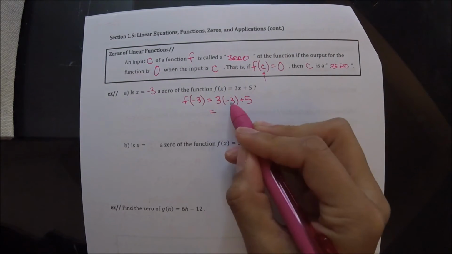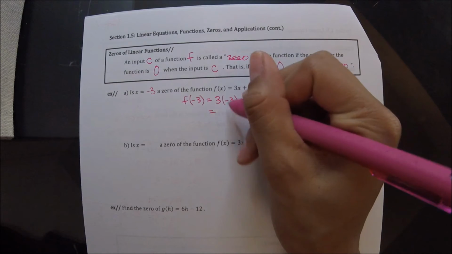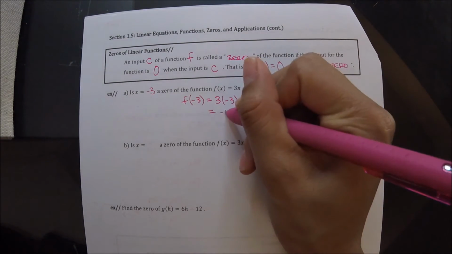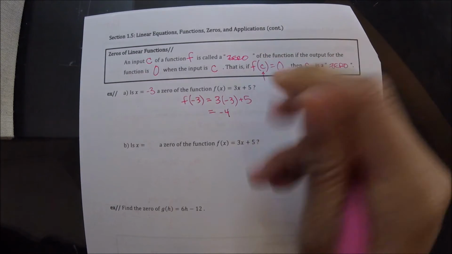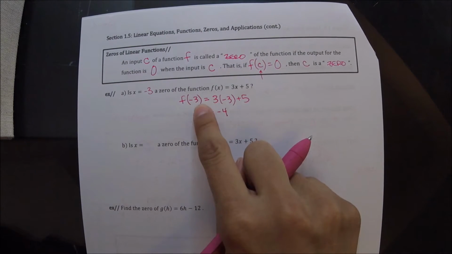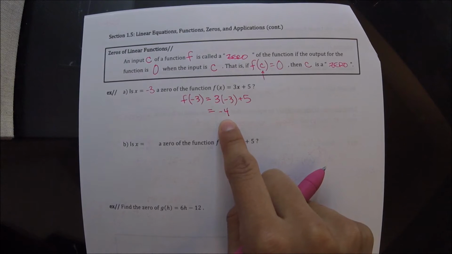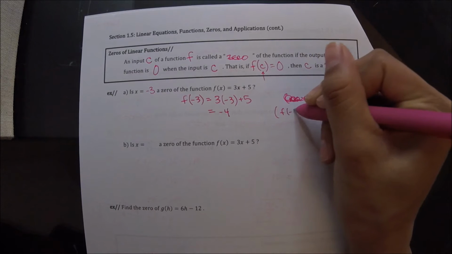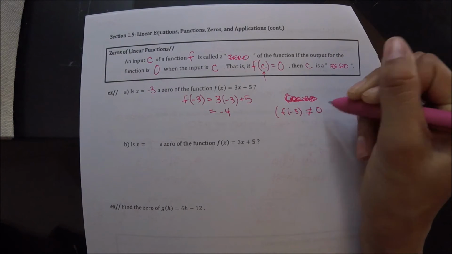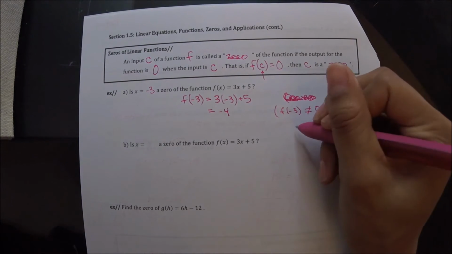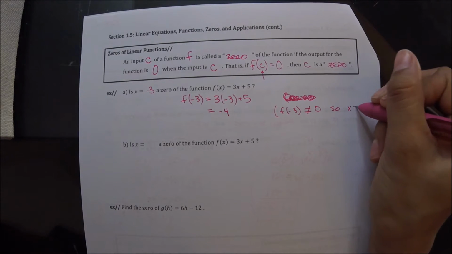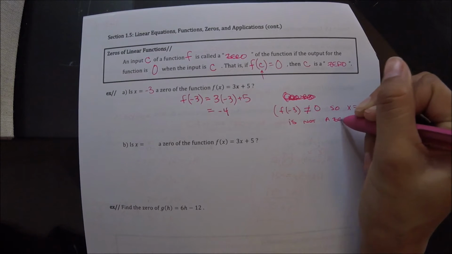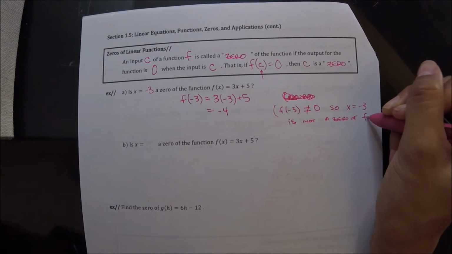Alright, so 3 times negative 3 is negative 9, and then we'd add 5, so we'd get negative 4. Well, when we plugged this number in, we got the number negative 4. We didn't get 0. So f of negative 3 turned out not to equal 0, so that means the number x equals negative 3 is not a 0 of the function f.